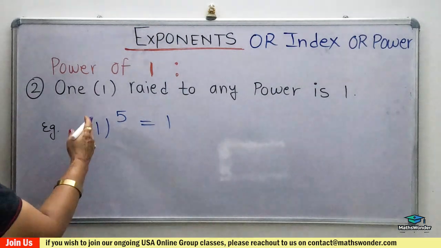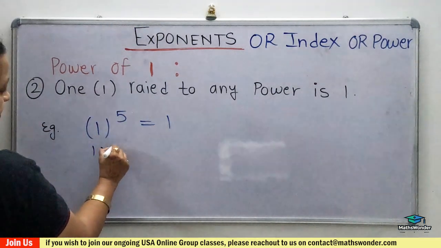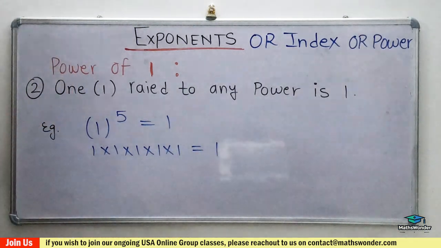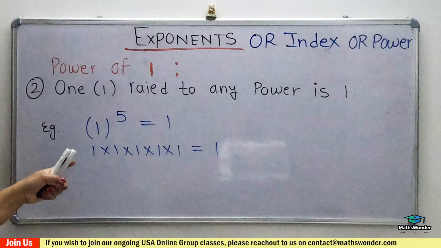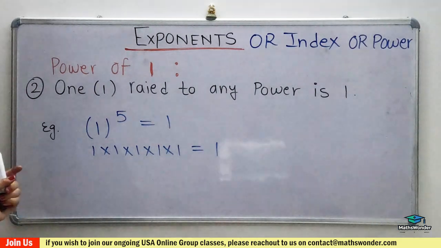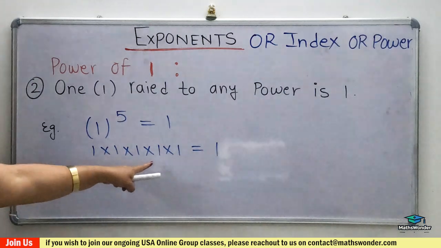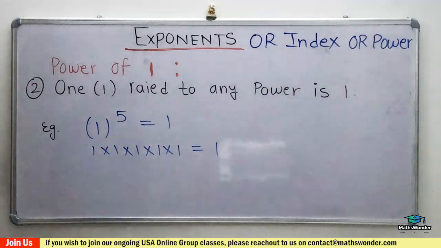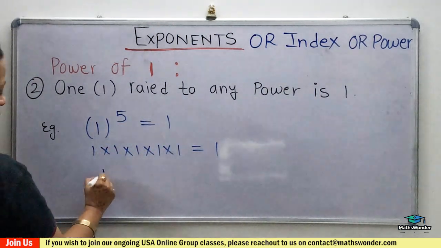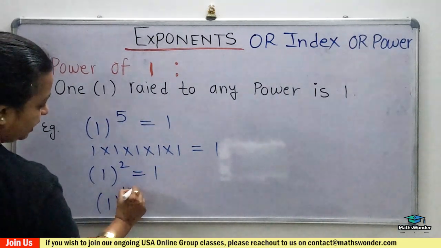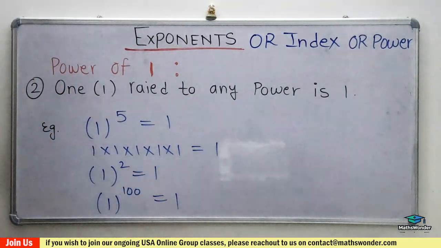Why? Because when you multiply 1 five times, you will get 1 only. So 1 raised to any power is 1. Suppose 1 raised to the power 2, it will give 1. 1 raised to the power 100, it will give 1. Alright? So that is power of 1.